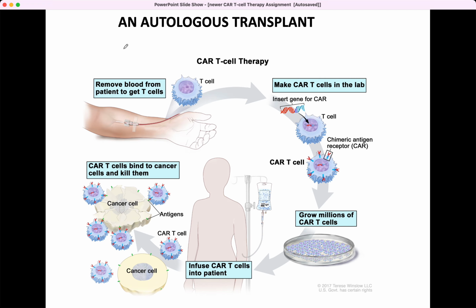So here's just a longer description, longer image of what happened. Same image as the previous one. It's called an autologous transplant. A heterologous transplant is when you get a kidney transplant from another person. So this is not a heterologous transplant. These are your cells, the patient's cells.